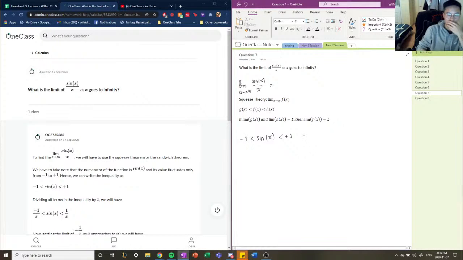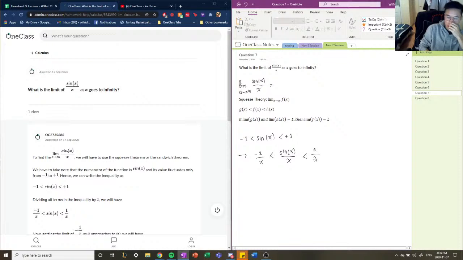So what if we divide everything in our inequality here by x? So what do we get? I'm not going to have a plus here. It's kind of redundant.